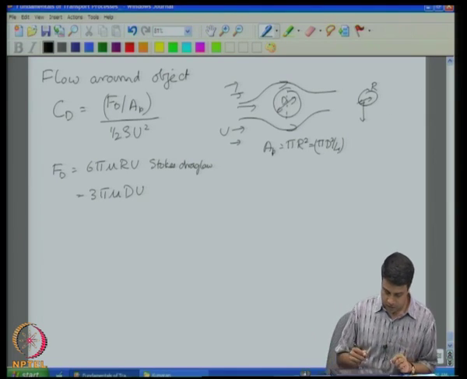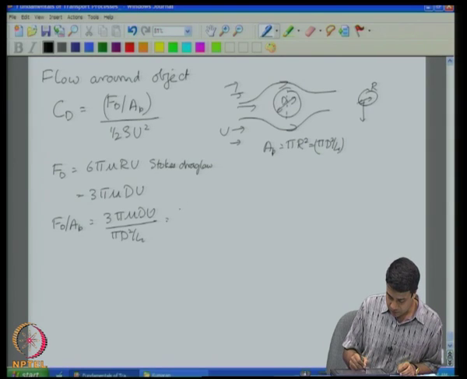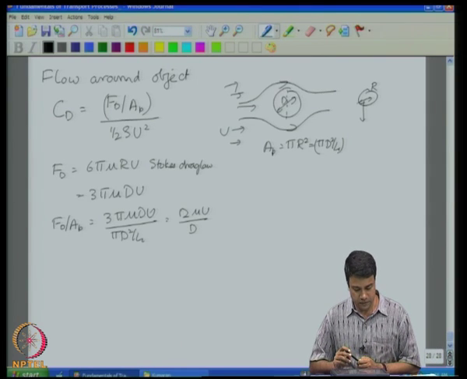Therefore, F_D by A_p will be equal to 3 pi mu d u by pi d squared by 4, which will be equal to 12 mu u by d. That is the stress, force per unit area.